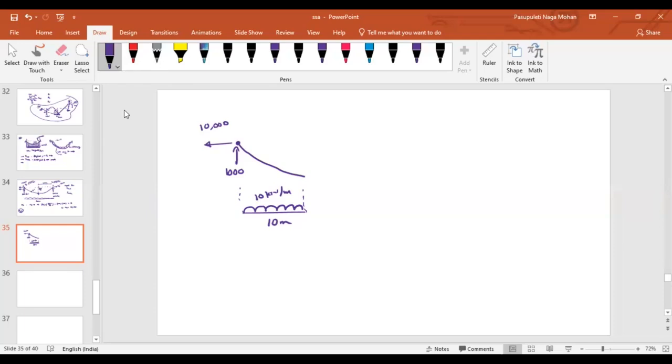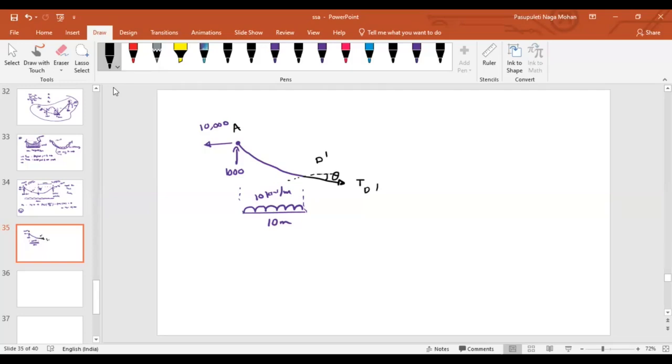Any other forces that will act here? Yes, we have to consider the tension in the cable at D dash. Let us represent it as TD, and let us imagine that the slope of the cable is theta.